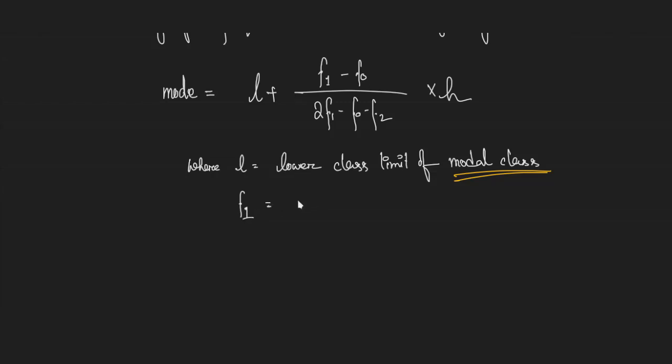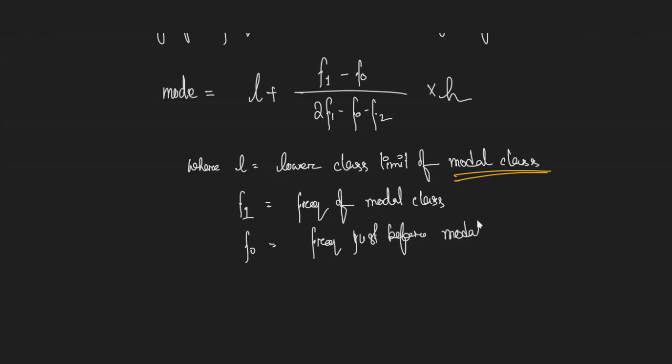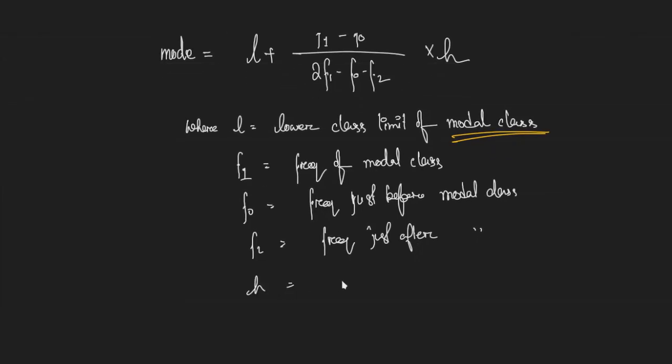F1 is the frequency of the modal class, F0 is the frequency just before the modal class, and F2 is the frequency just after the modal class. And H is the height, the class width.